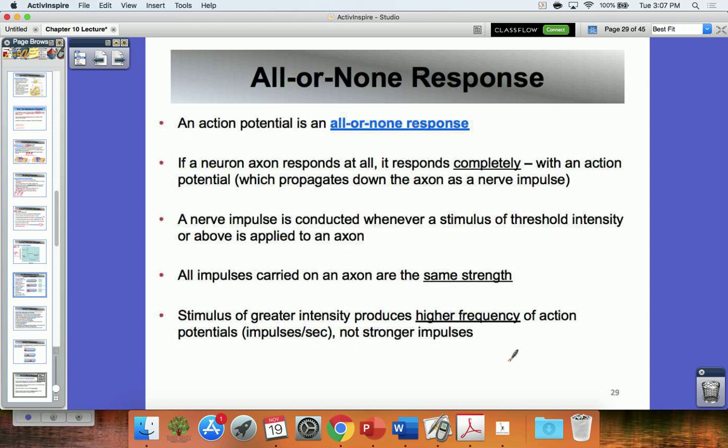And all the impulses are going to be the same strength. If you have a stimulus that has a greater intensity, which means it's a bit stronger, it's going to cause a higher frequency of those action potentials, but the impulse itself won't be stronger. It'll just have more action potentials that will go down that axon.